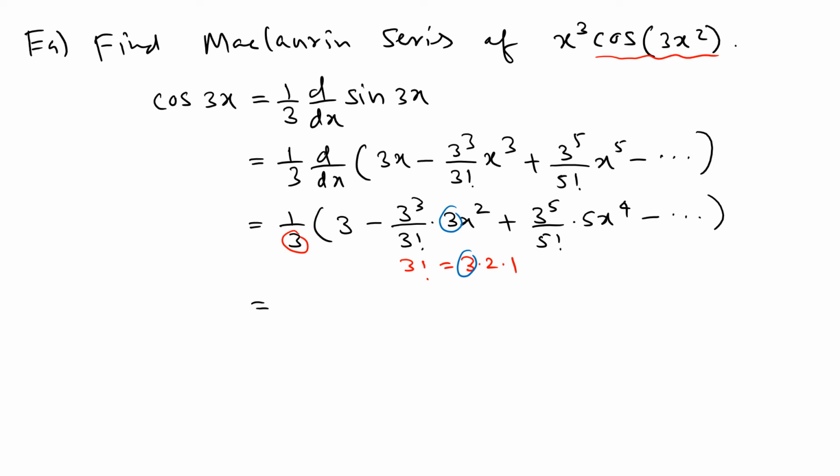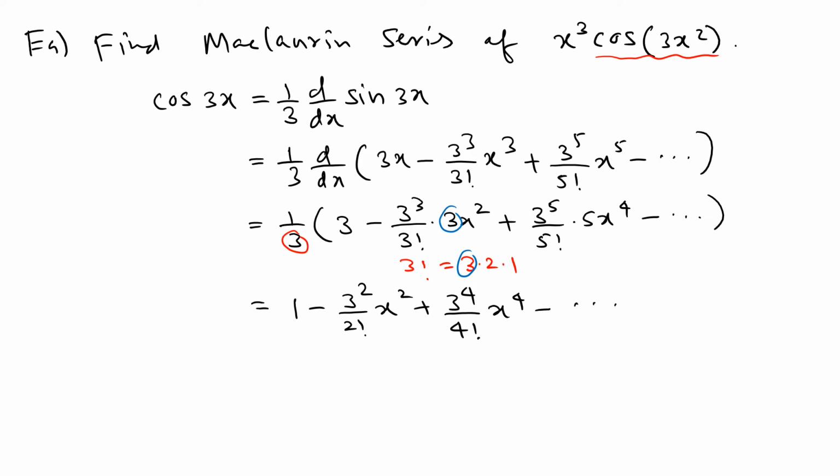After you do all of these, you're going to get 1. Then this is going to be 3 squared now, over factorial 2, x squared. And this is the same thing: 3 to the fourth over factorial 4, and then x to the fourth minus, like that.